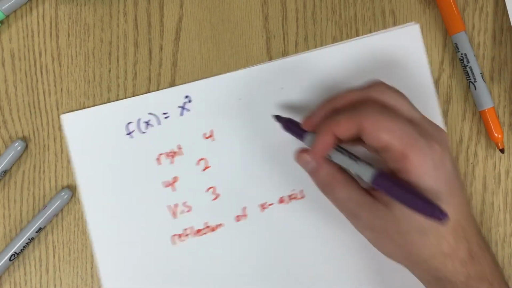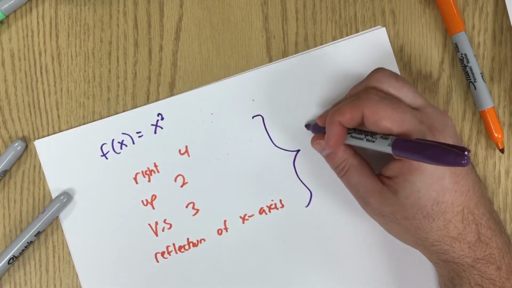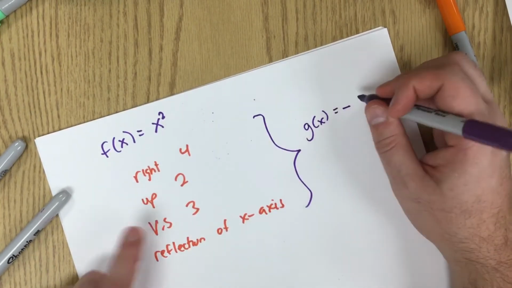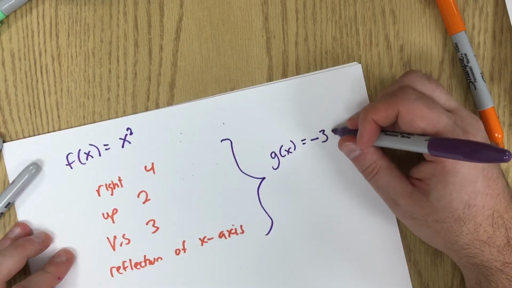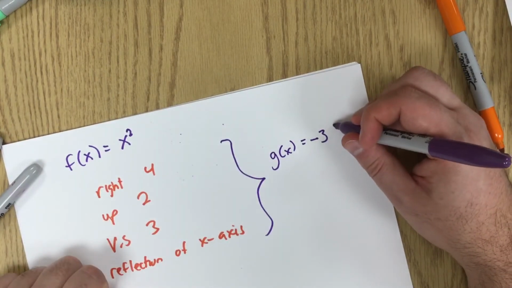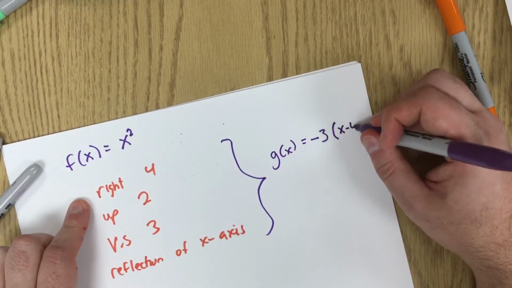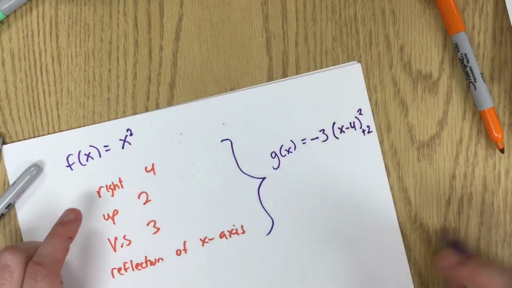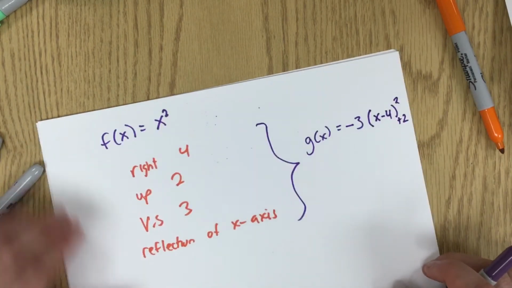So what would that be? We know that right 4, and our reflection over the x-axis means we have a negative vertical stretch of 3. And our base one is x squared, so in this case it's going to be x minus 4 squared plus 2. That should be in line, I just ran out of space.